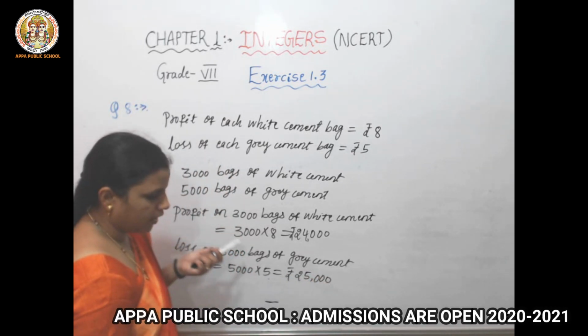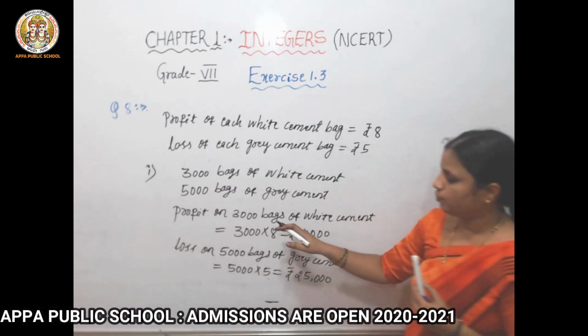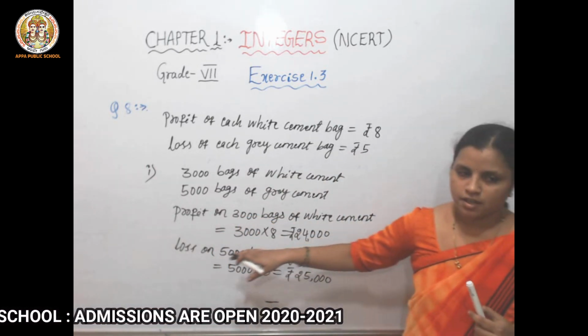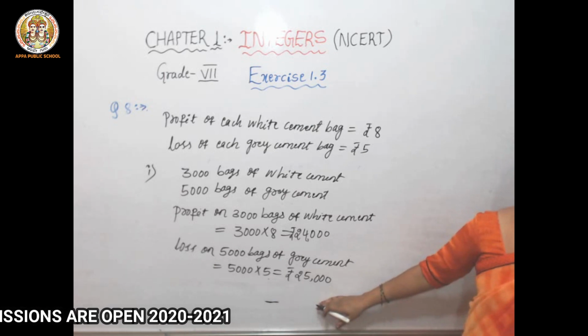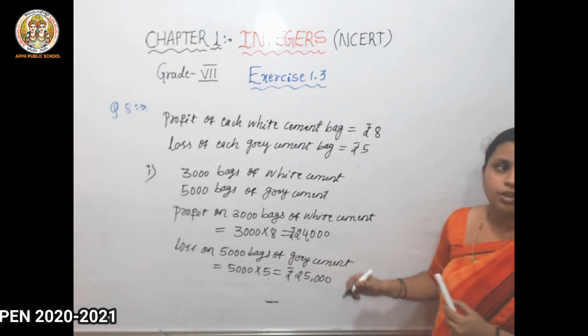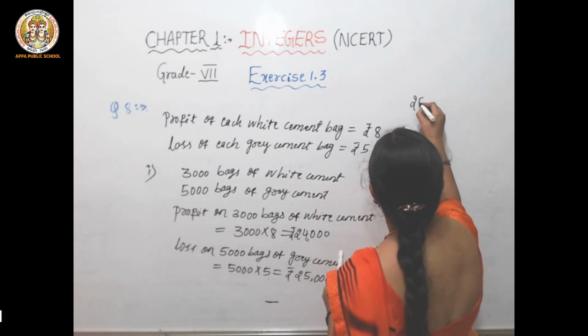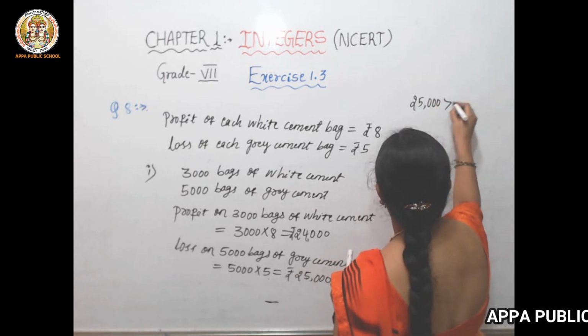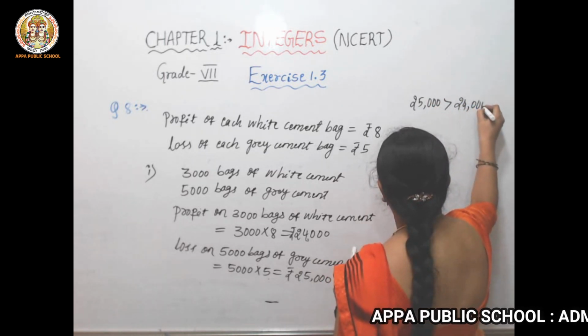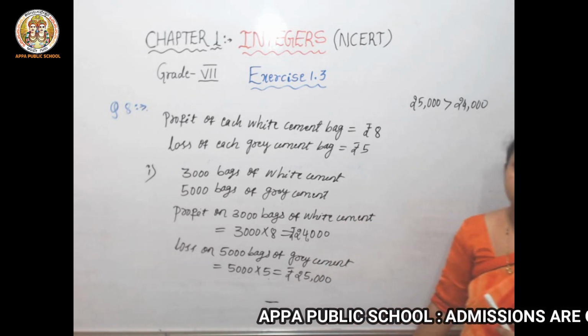See here, we are getting a profit of 24,000 and a loss of 25,000. Which is more? 25,000 is greater than 24,000, which means the loss is greater than the profit.